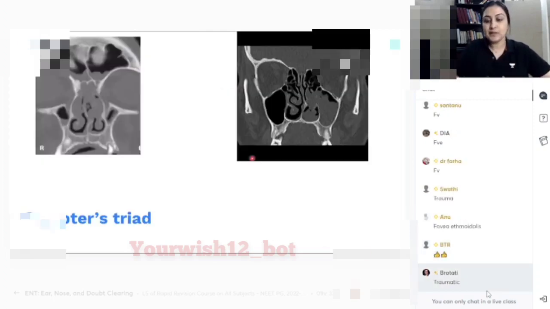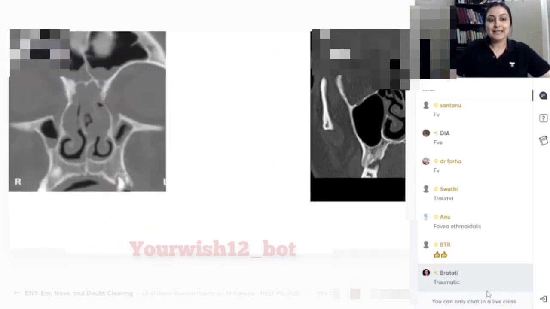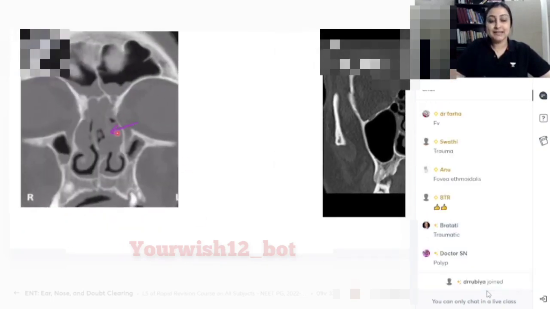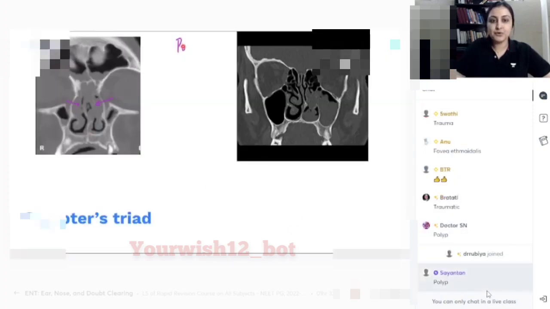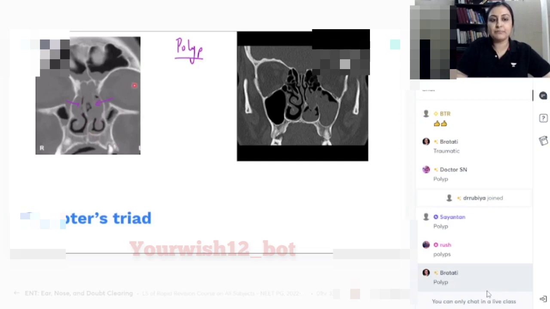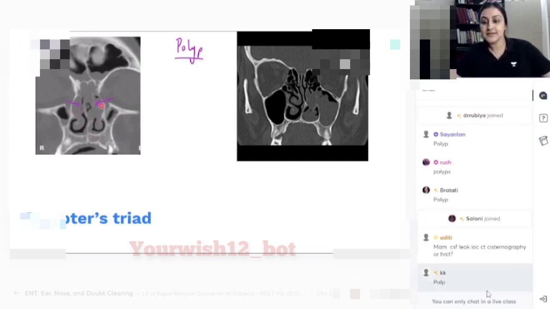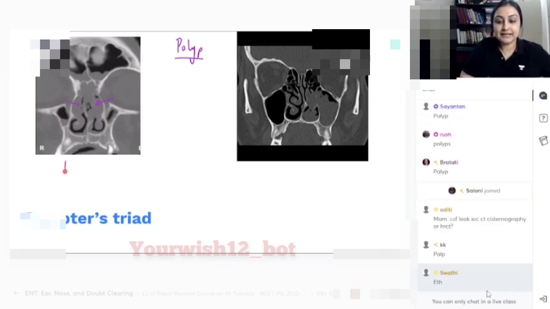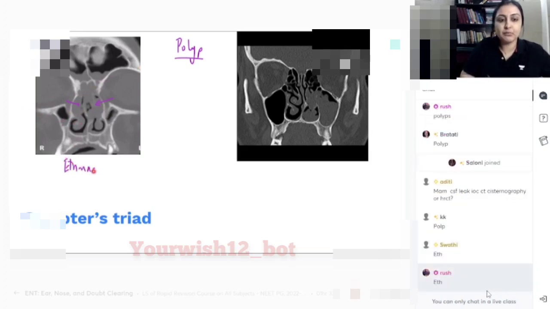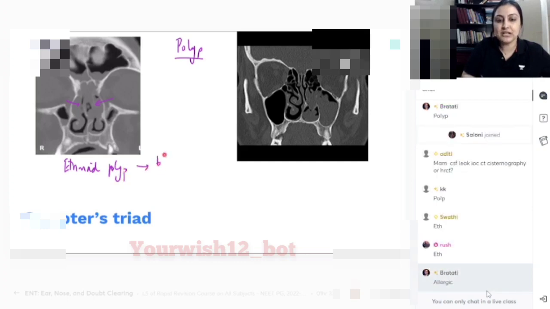Okay, right. What about this? You see opacification of bilateral ethmoid air cells. These are both polyps. So now you have to identify the type of polyp for me. When you see bilateral, we will come to CSF leak later, just wait. This is ethmoidal polyp, right? So tell me a few things about ethmoidal polyp. Is it more commonly unilateral or bilateral? It's more commonly bilateral.